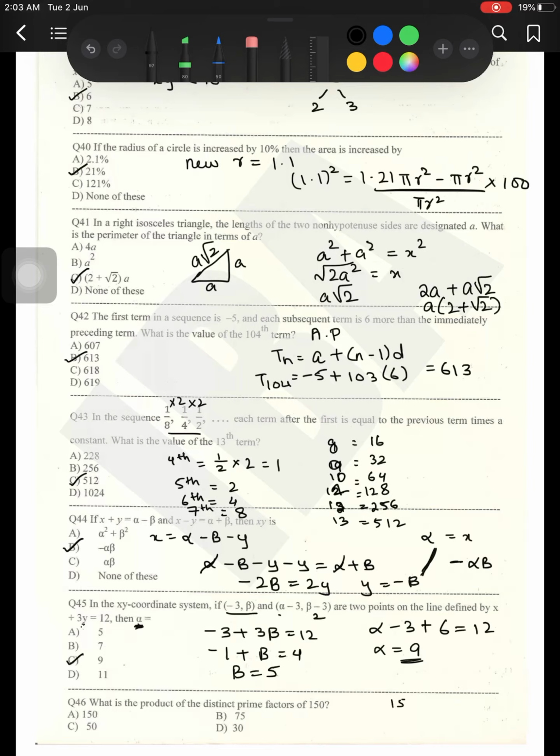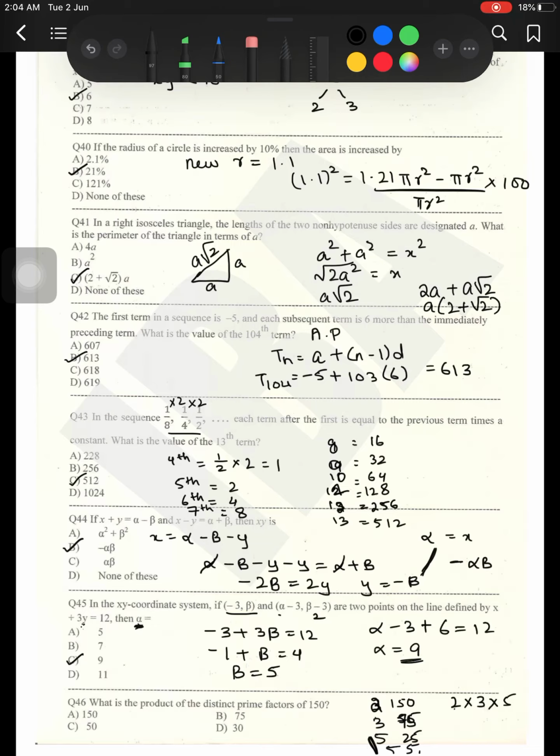This next question, he says what is the product of the distinct prime factors of 150. So we'll divide by 2 first, then 3, then 5 multiplied by 5 and then 1.